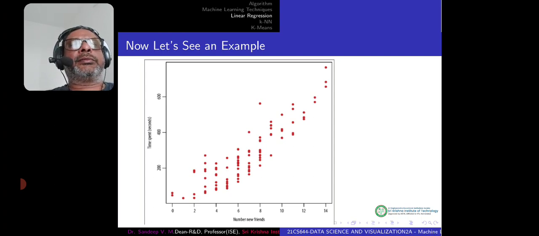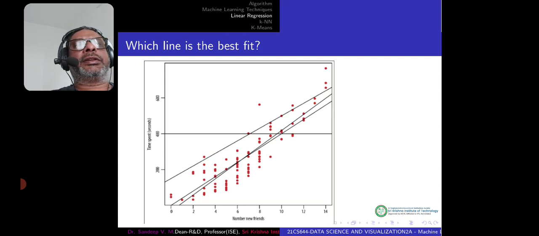We can see some red dots spread out all over, and if you look carefully, the overall trend is increasing. As the number of new friends is increasing, the total time spent together is also increasing. So there is some trend here, and we need to understand that trend.